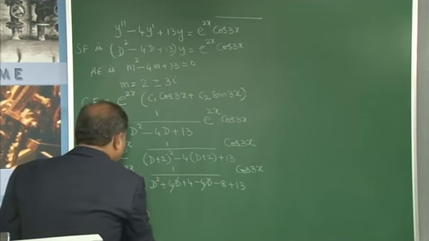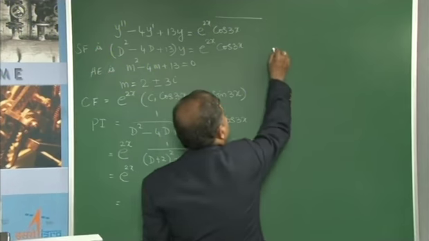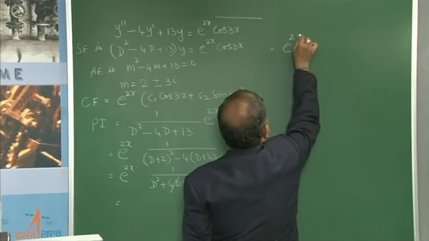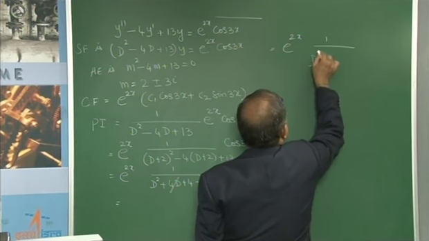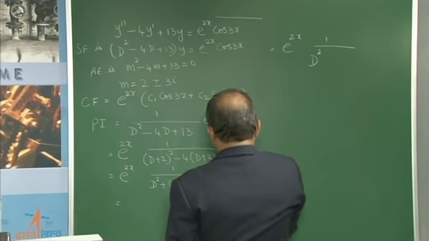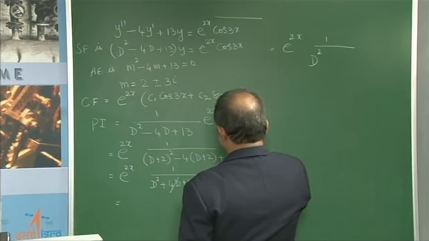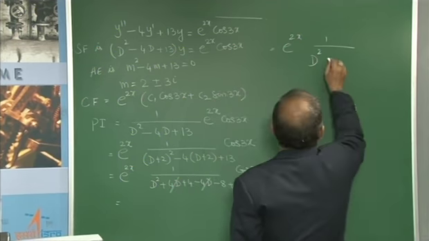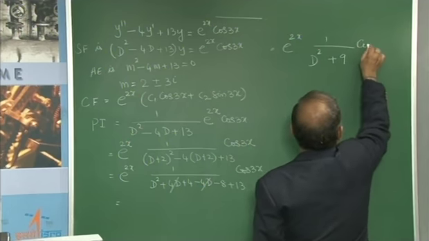So, e power 2x, 1 by D squared plus 4 minus 8, correct, minus 4D minus 8. So minus 4, it will become plus 9 cos 3x.